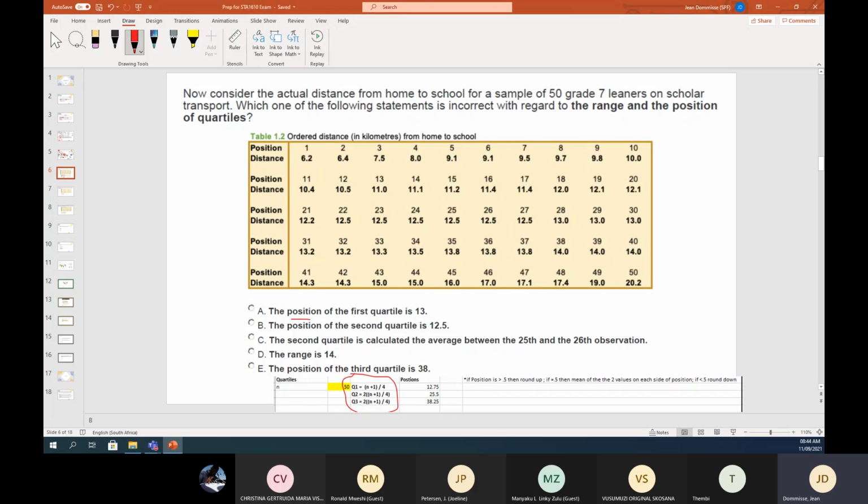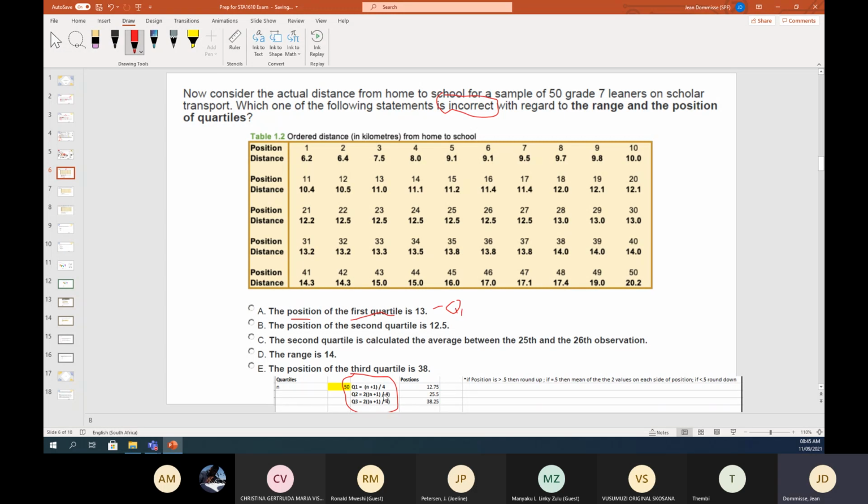Okay, so let's quickly, so you get the set of data, then we start asking you a lot of questions. So the position of the first quartile, so we want to look at Q1.